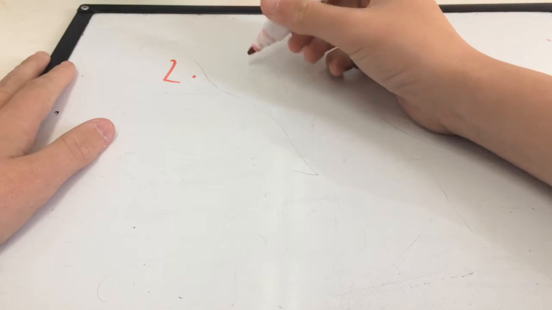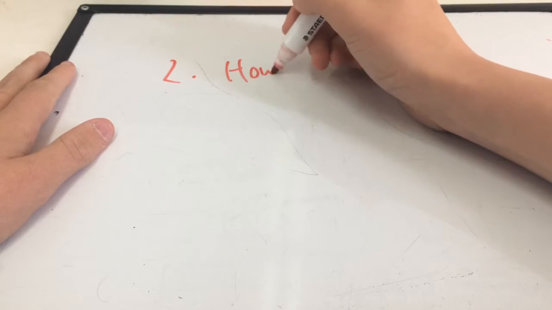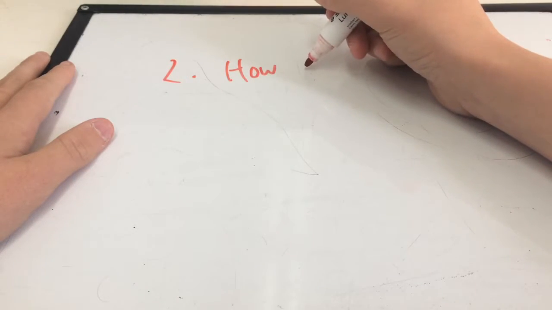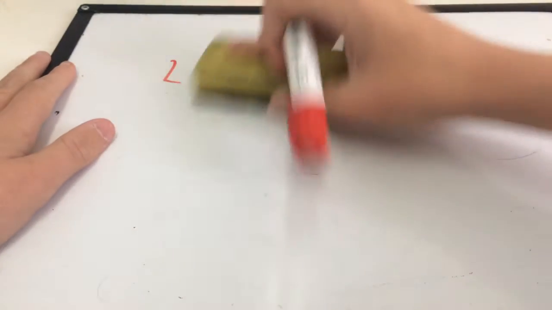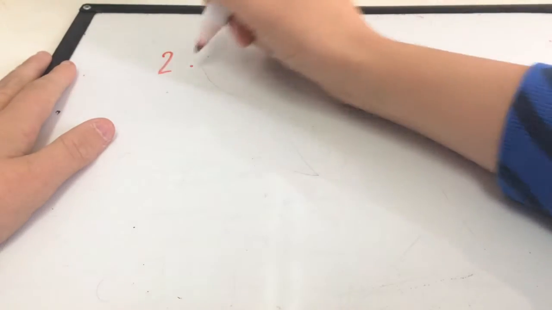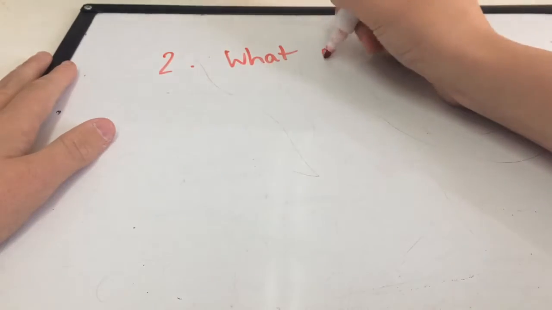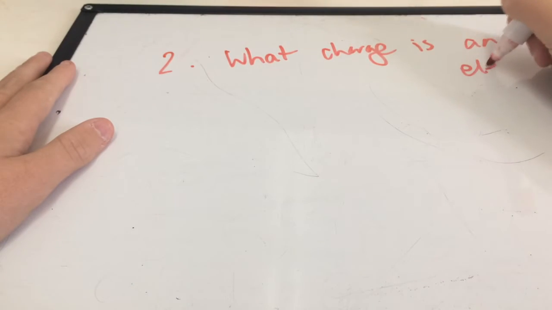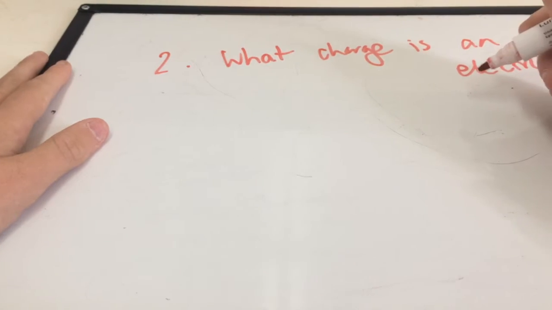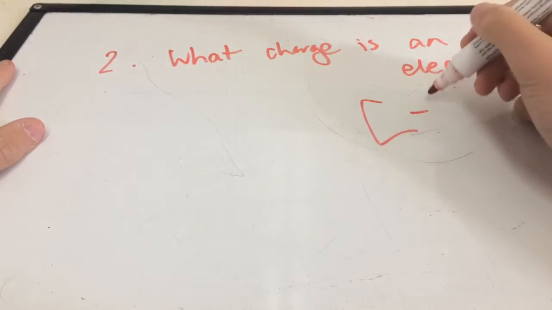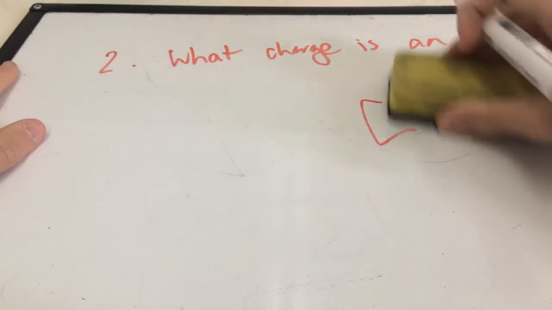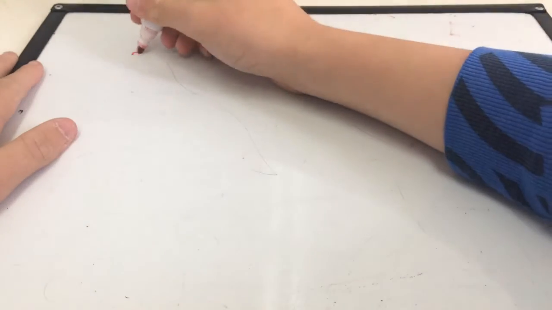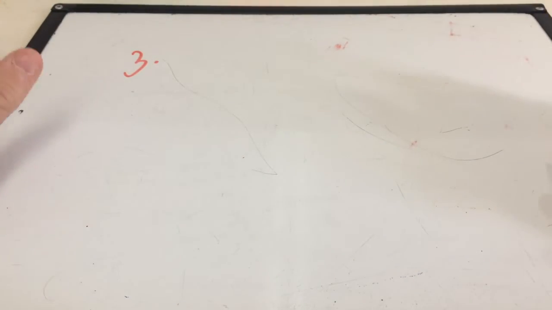I'm going to leave you guys with this question. What charge is an electron? As we discussed at the start of the video, negatively charged. And then the last question is going to be a pretty easy one.